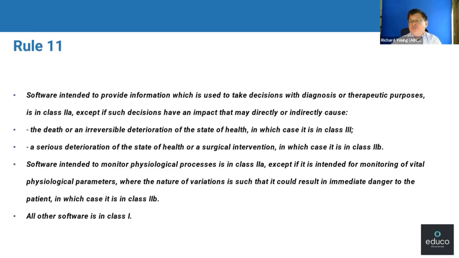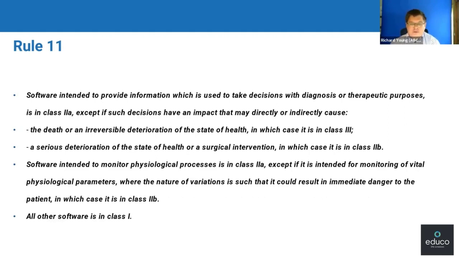Rule 11 moves us on specifically to the use of software. It's the software rule, for want of anything else here. And again, it's asking you: software intended to provide information which is used to make decisions with diagnostic or therapeutic purpose is class 2A.